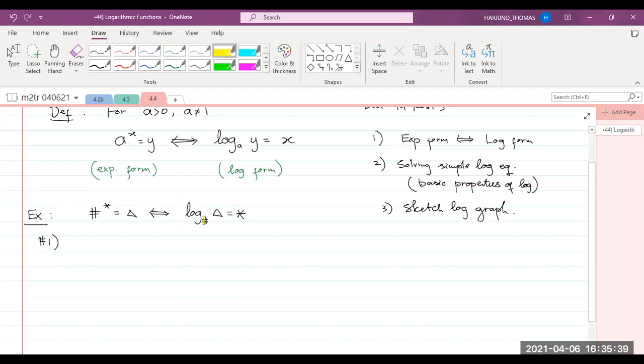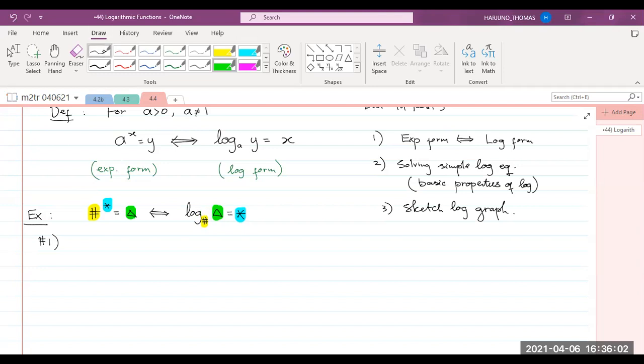We call this the base. The exponent becomes the answer. And this is the argument. Okay, memorize that pattern.